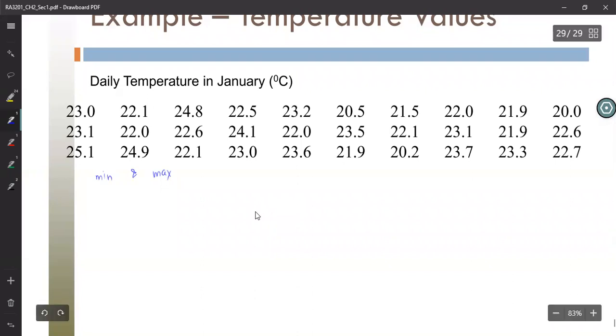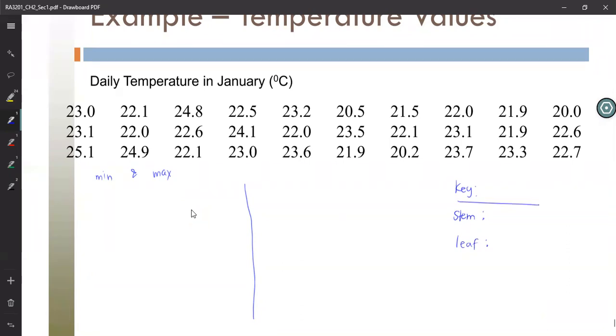So can you try it? Find the min and the max. Figure out the stem values, stem digits, and the leaf digits, and then draw the stem and leaf diagram.